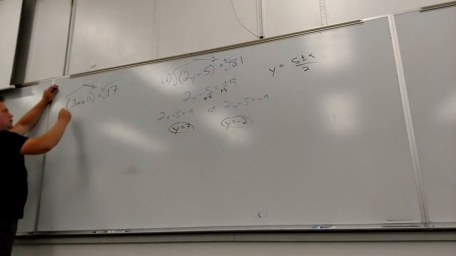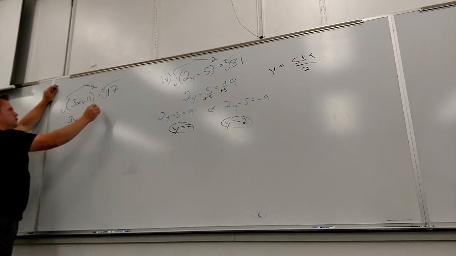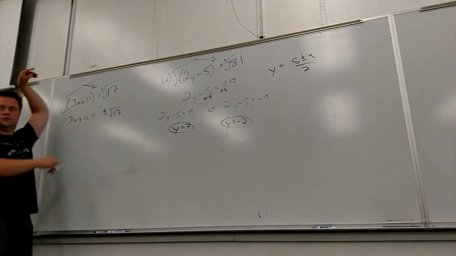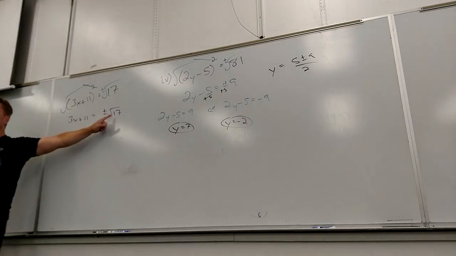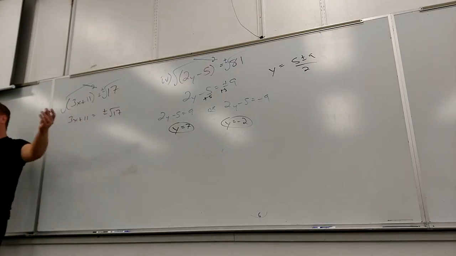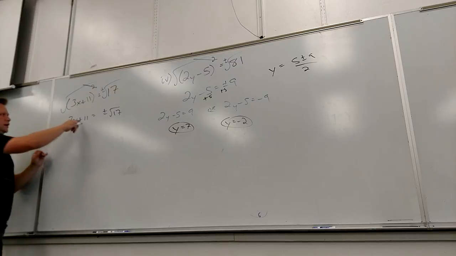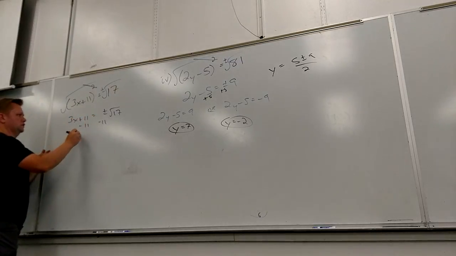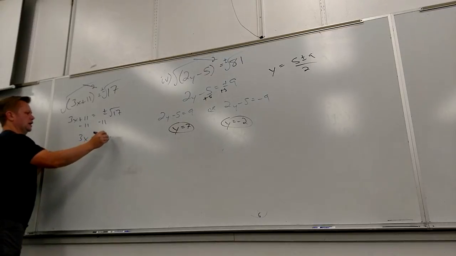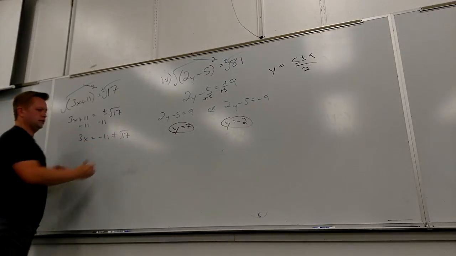So then I get 3x plus 11 equals plus or minus rad 17. To be honest, if you can't do this, that's actually nice. You don't have to actually simplify anything. Subtract 11, so I get 3x equals negative 11 plus or minus rad 17.